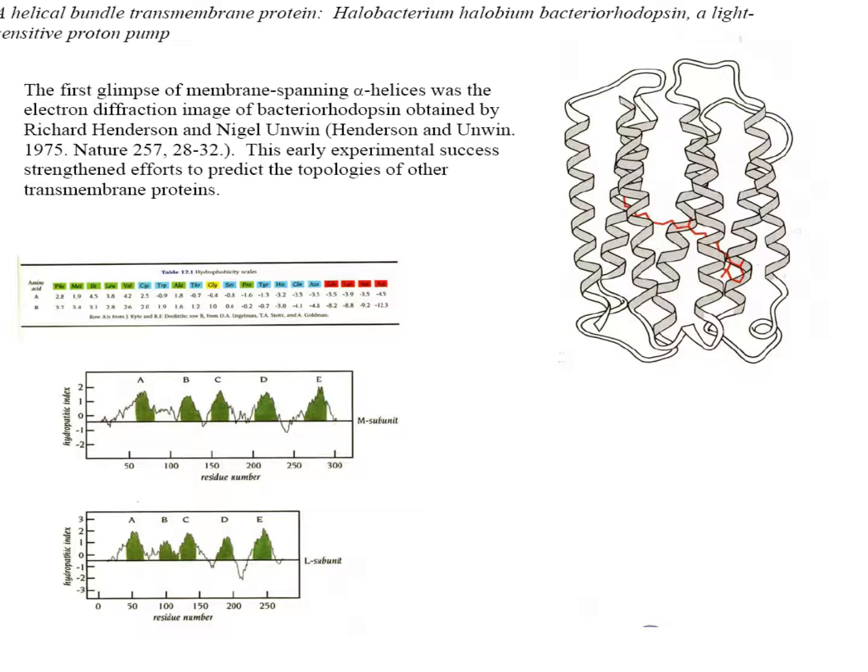Okay, so membrane proteins can have areas that span the lipid. The first glimpse of membrane alpha helices was by an image of a bacterial rhodopsin in 1975, and that experiment then allowed us to predict.